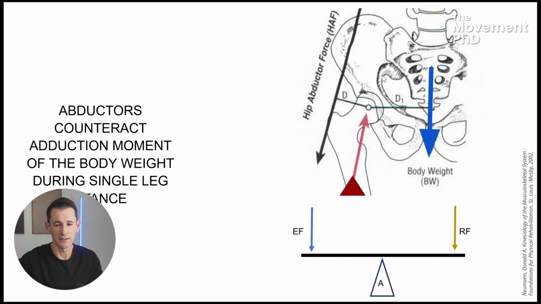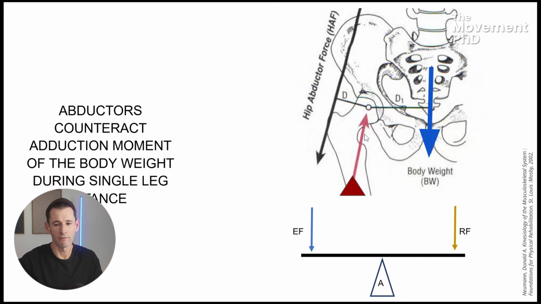So let's look at this. We have our body weight on one end, the center of mass of our head, arms, and trunk, which is basically at the level of the belly button, just a little bit inferior to that, depending on your anatomy. The fulcrum here is your hip joint, which is right here, a little bit lateral to that body weight. And then the effort arm is your abductors, so mostly that glute med.